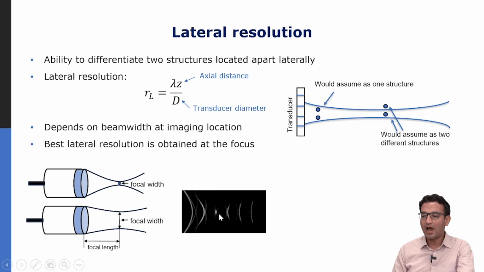And here are images of point scatterers located in the beam. So you can see that the point is not blurred a lot here, but it does get spread a lot along the lateral direction here and here. So essentially at the focus you have excellent lateral resolution, but as you move away from the focus you have poor lateral resolution.